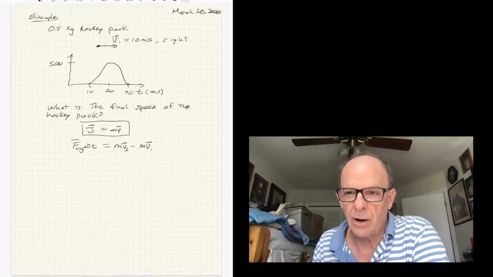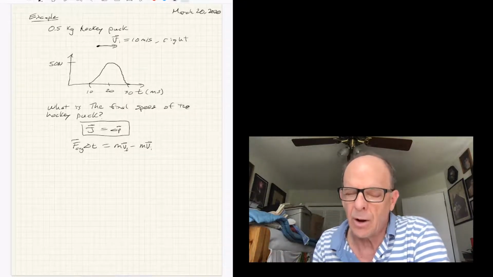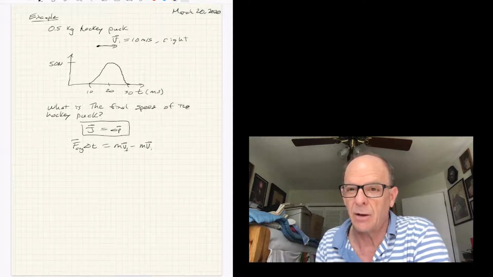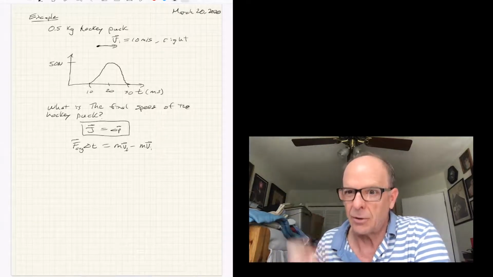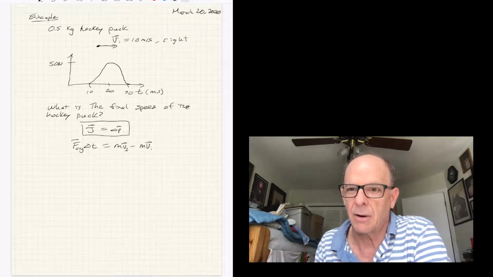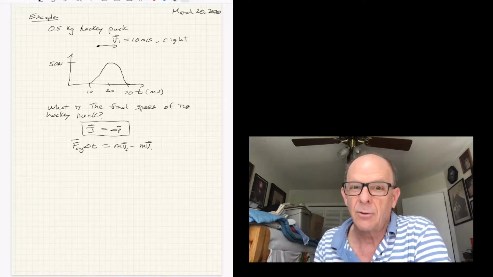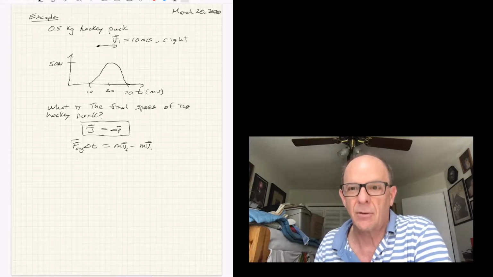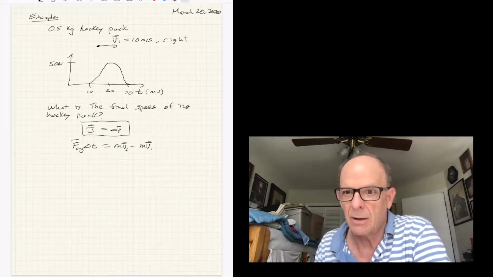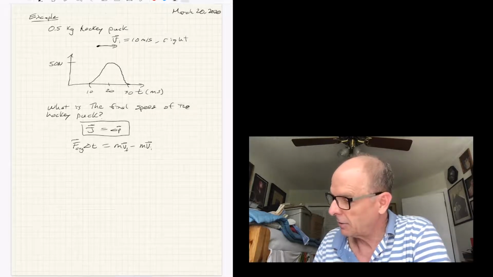The mass doesn't change. There are problems, like a rocket, where the mass changes as it burns its fuel and the exhaust goes out the bottom, so the change in momentum would also have a delta m. But in this case, it's just the delta v. There's only a change in the velocity. So this is delta p.